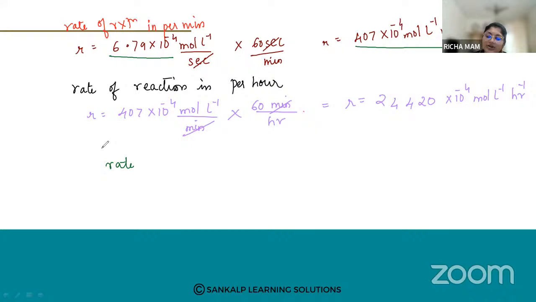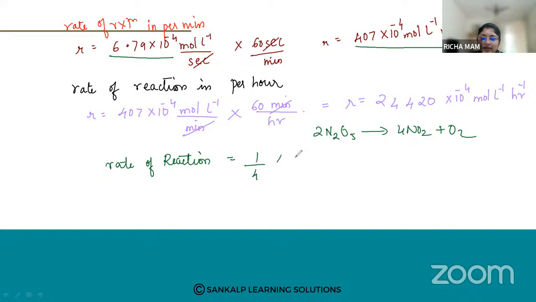Then last, this is what you have to find: what is the rate of production of NO2 during this period? So how much is produced? Remember the equation was 2N2O5 giving 4NO2 plus O2. From this, the rate of reaction is minus 1 by 4 of change in concentration of NO2 by delta t.